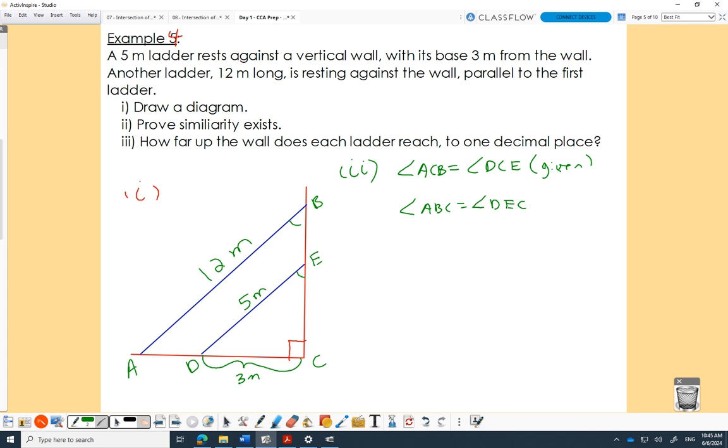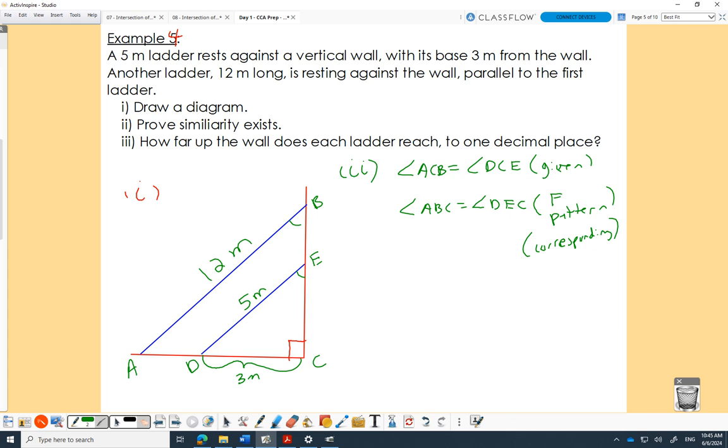which I will accept as an answer, but does anyone have corresponding? Yes. I must tell you, grade 10 teachers love the word corresponding. Yes? In the future, most of us just say F pattern. Okay? I'm not trying to upset anybody.